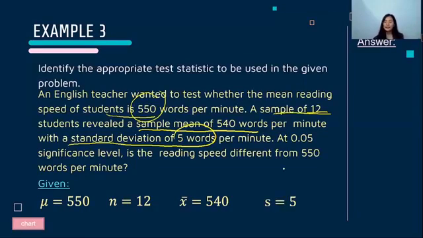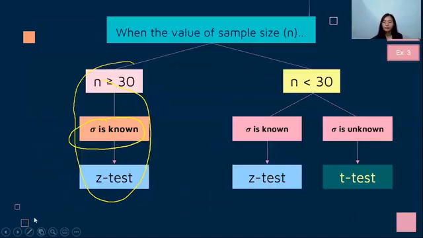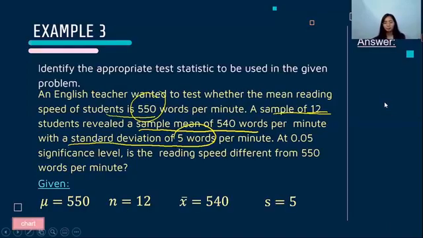So what do you think is the appropriate test statistic to be used here? Going back to our chart, you may type in your answer now. Is it the z-test or the t-test?